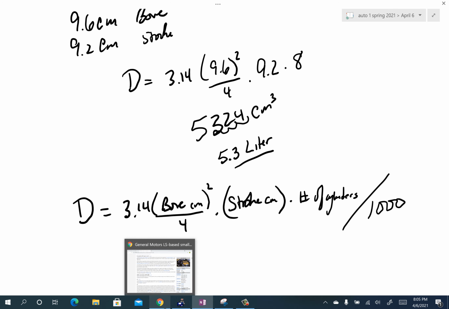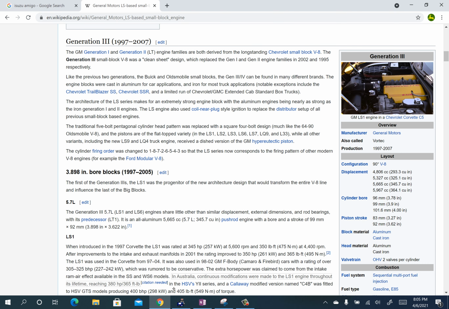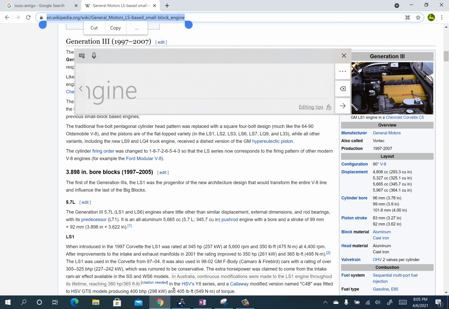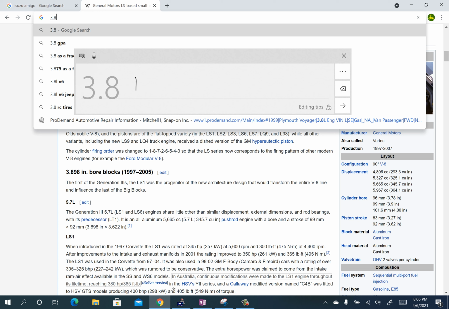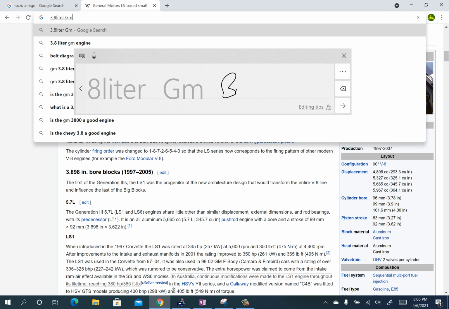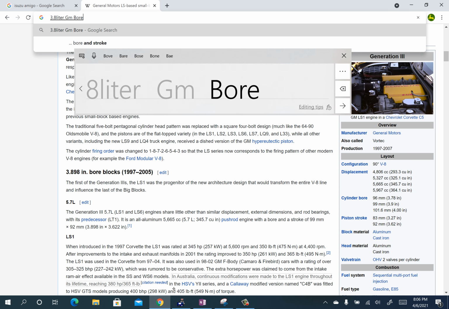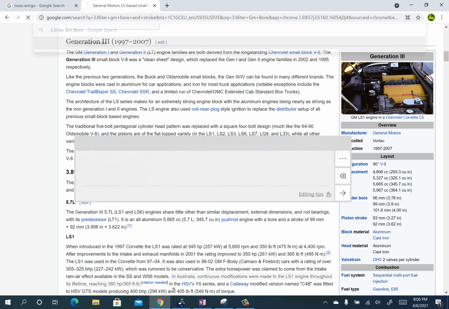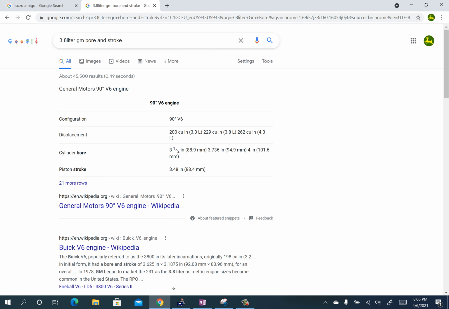Okay, let's pop up another one here just for a good time. 3.8 liter GM bore and stroke. That's right. Look at that. Betsy can read my handwriting. That's pretty sweet, yo. So check it out.